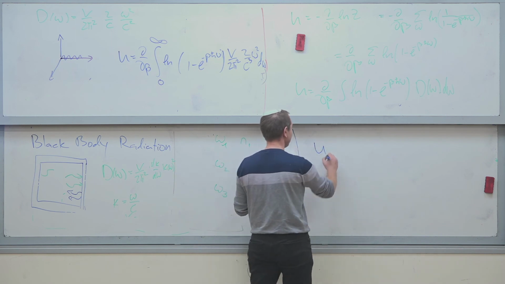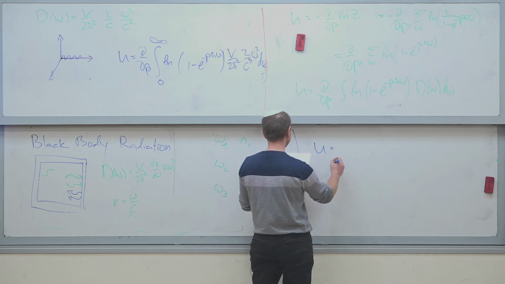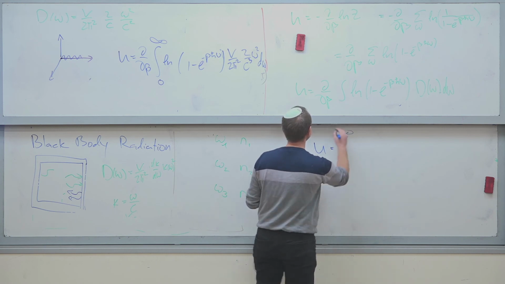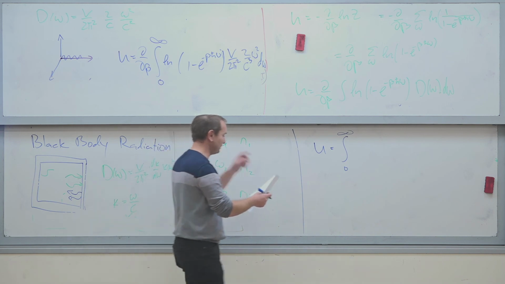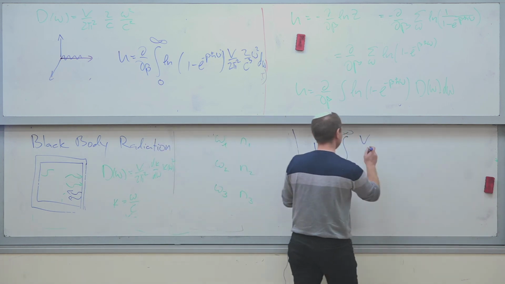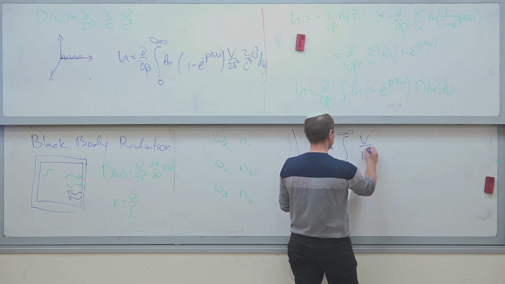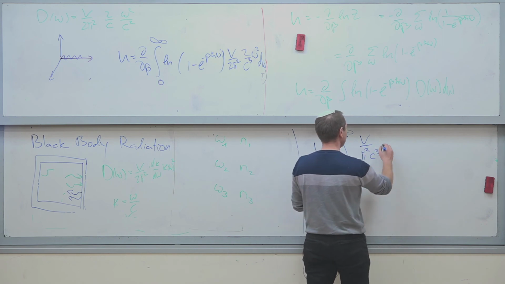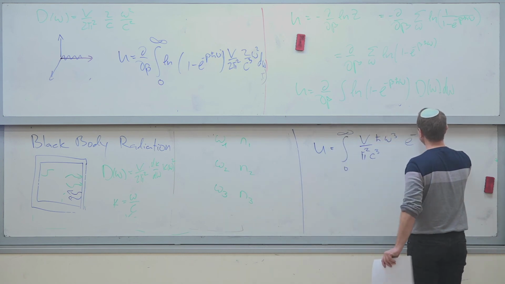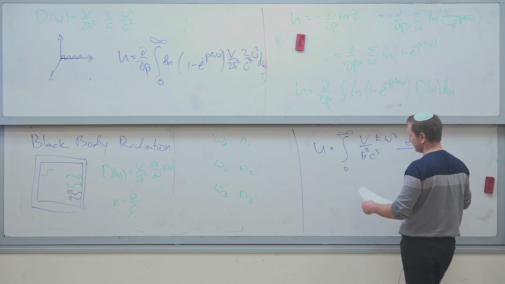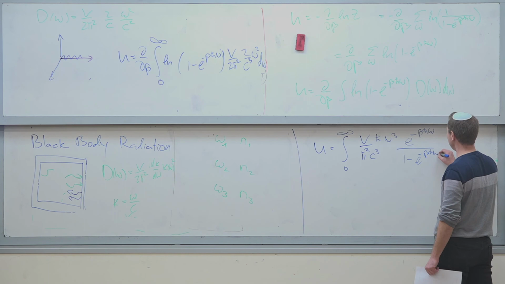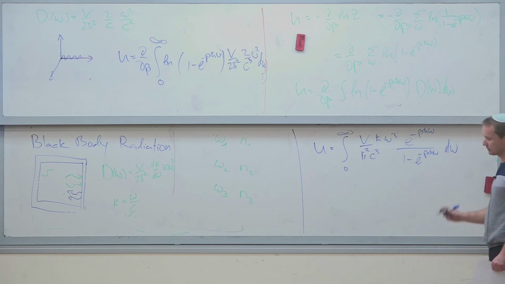We have that U equals an integral from 0 to infinity, after I perform this d/dβ, of V divided by π²c³, ħω³, e to the minus β ħω divided by 1 minus e to the power minus β ħω, dω. Very nice formula.